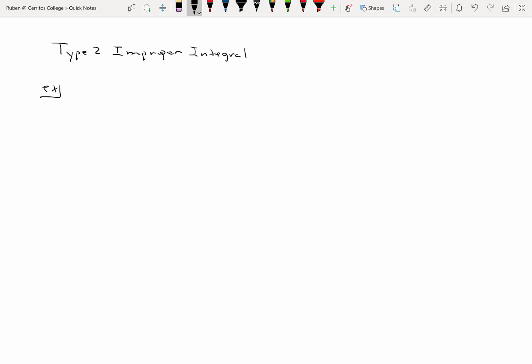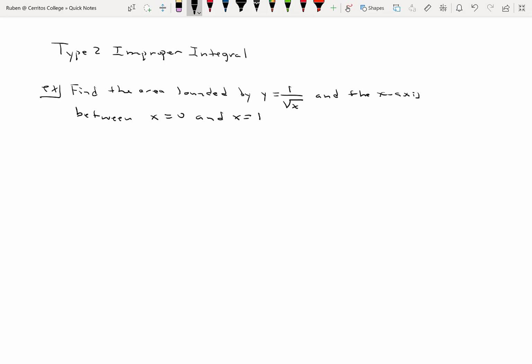So let's get started. I want to find the area bounded by y equals 1 over the square root of x, and the x-axis, between x equals 0 and x equals 1.